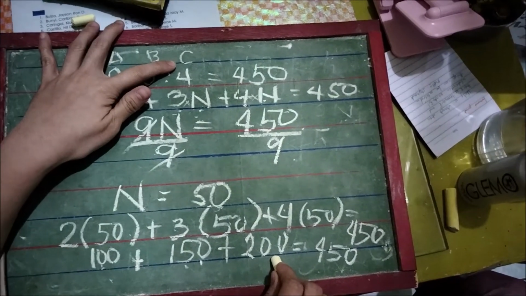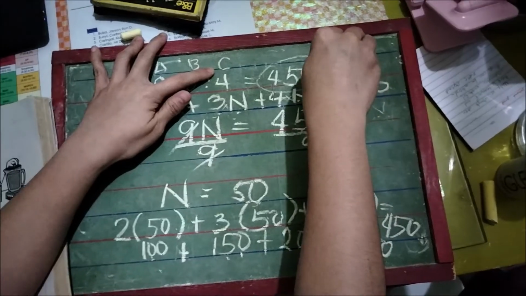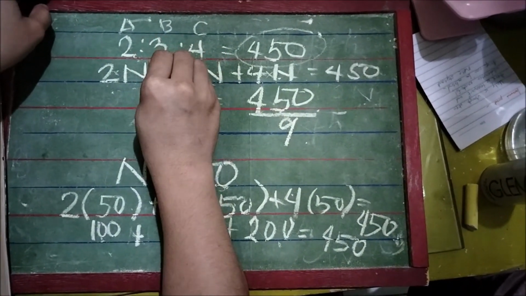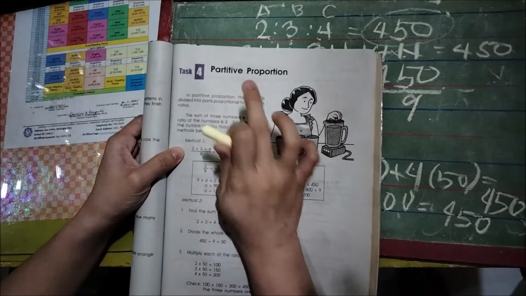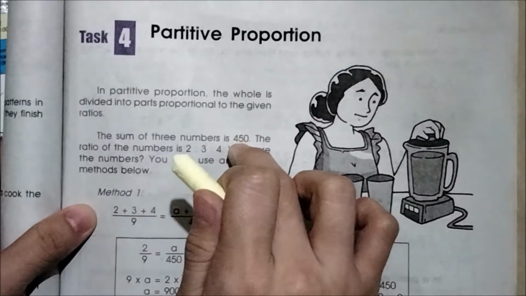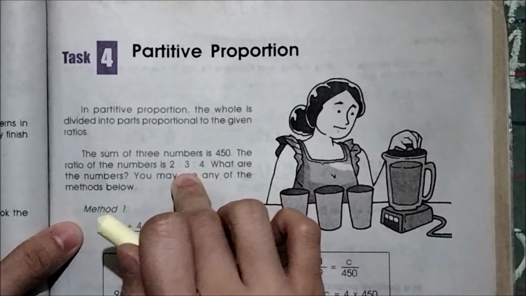So this is a partitive proportion because the whole 450 is divided by parts by this ratio. So that is what you call partitive proportion. Again, it is partitive proportion if a whole is divided into parts represented by a given ratio.